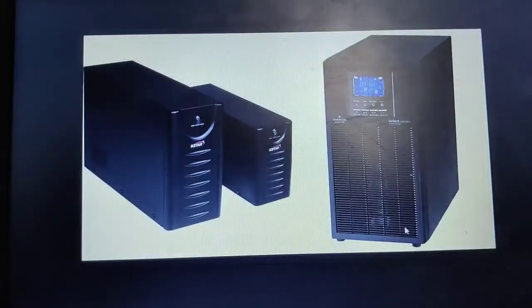First we will discuss the online UPS. Usually this online UPS avoids momentary power lapses by continuously providing power from its own inverter even when the power line is functioning properly. See, the power supply is there, and your computer has been connected to the online UPS.